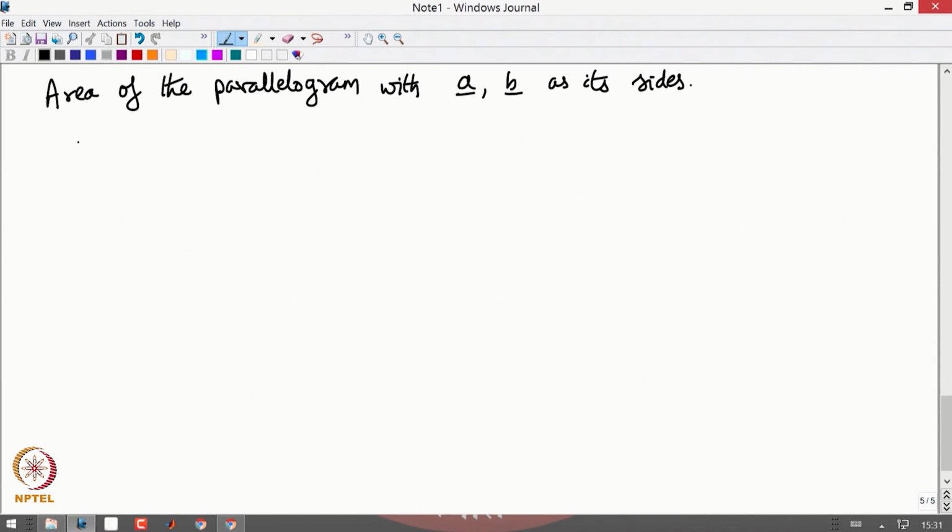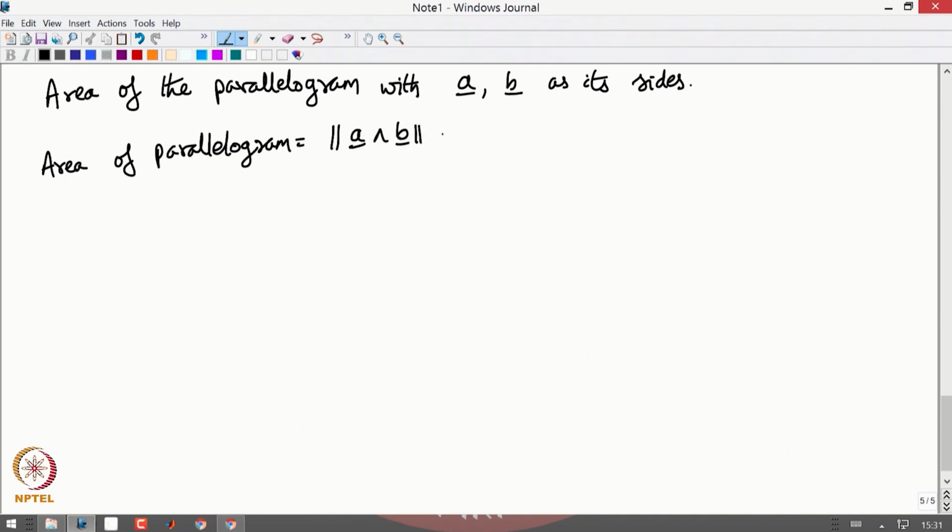So, what should I do? The area of the parallelogram is given by the magnitude of the A cross B vector.